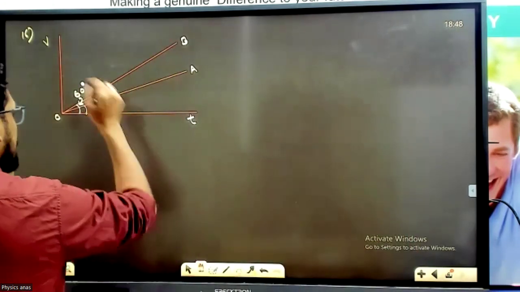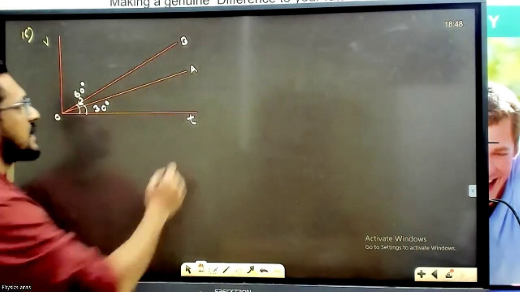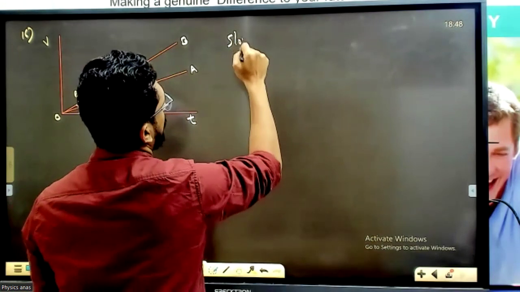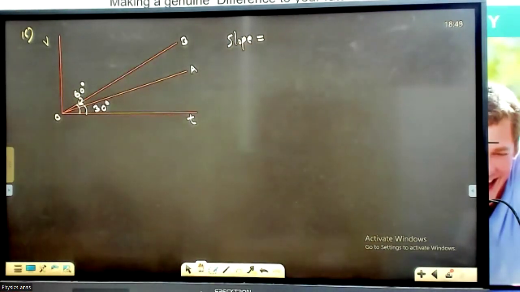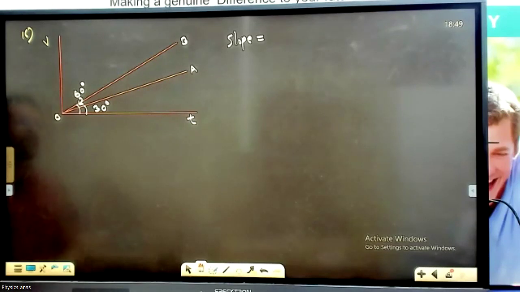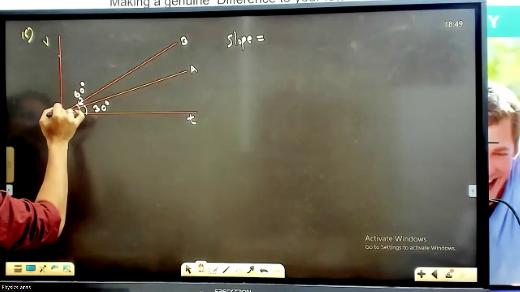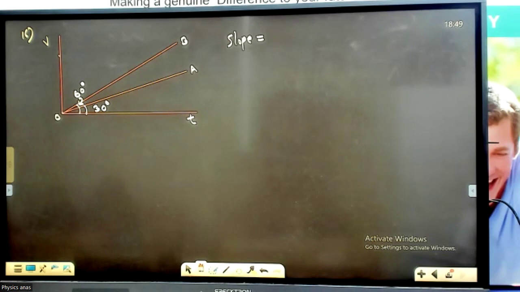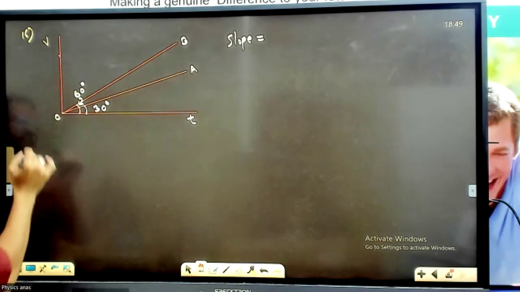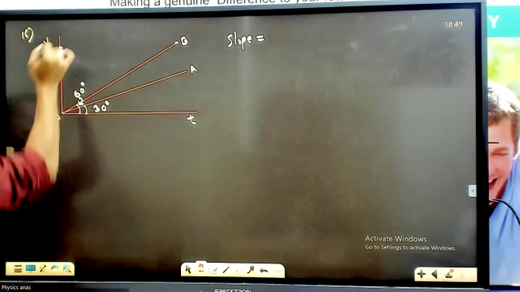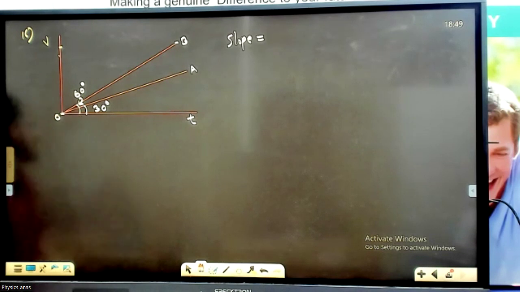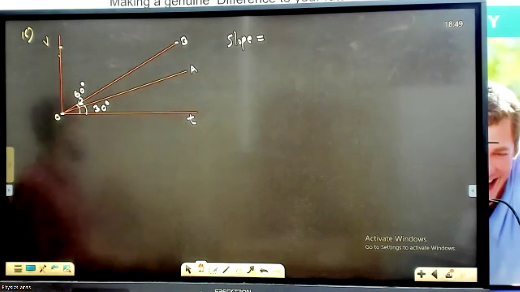What will be the slope here? Slope is y by x, or tan theta. What is y here? Y here will be the velocity change. At this point you already have a velocity, that is 0, so you have a velocity change here.